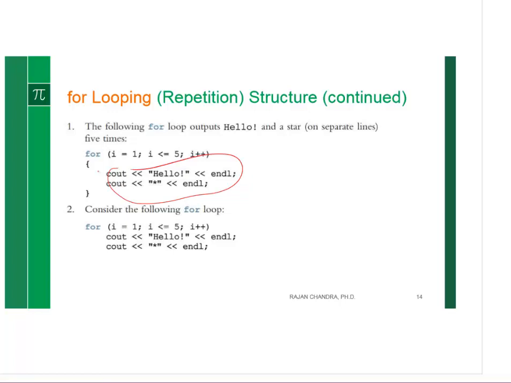Whereas in the second loop we have no curly bracket, so we have one statement in the loop. So here we print hello 5 times, and at the end we print star once. I want you to see the difference between these two loops and the effect of using blocking or braces on the operation of the loop.